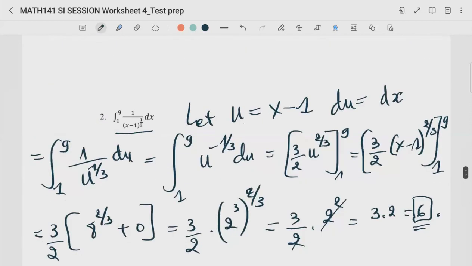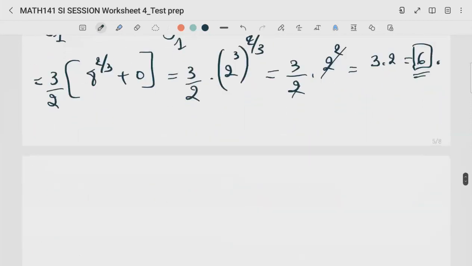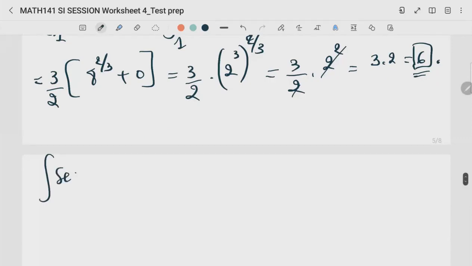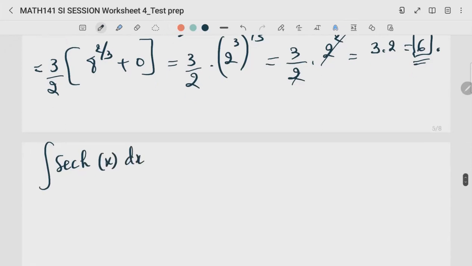So, okay. Let's try to solve the integral of this expression.